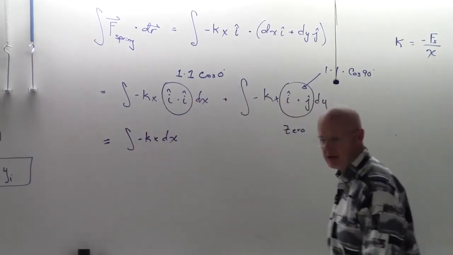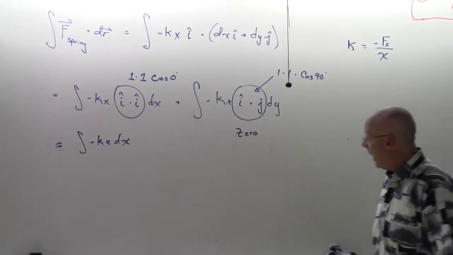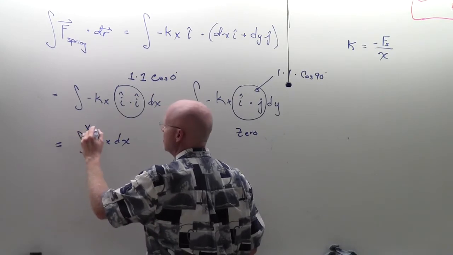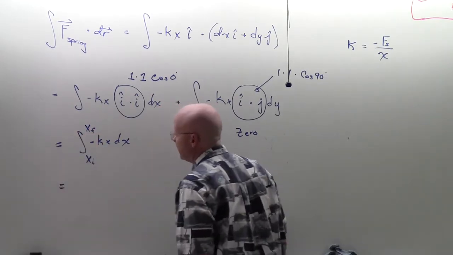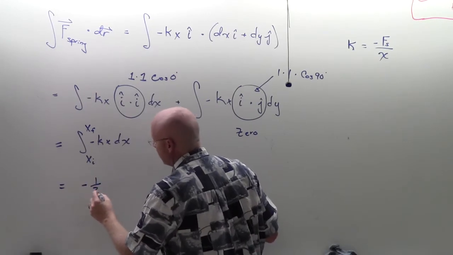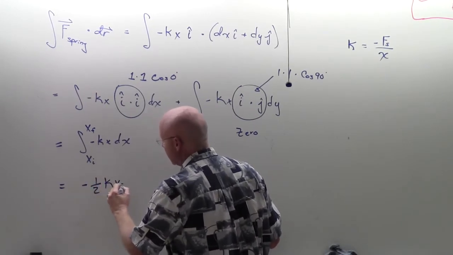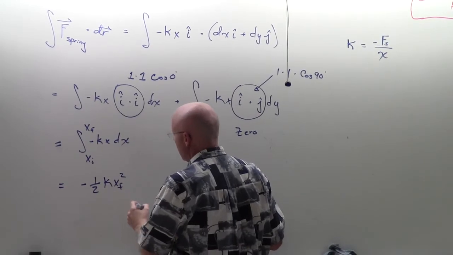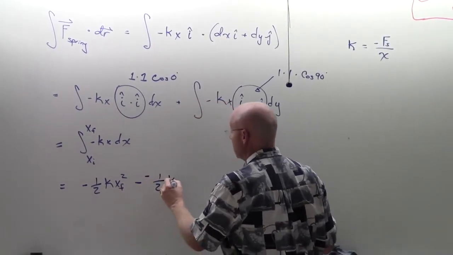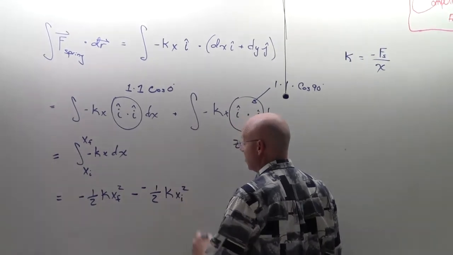Unfortunately, that's a very easy integral to do. If I start with the spring at some initial spot and stretch it to some final spot, I get a negative 1/2 k x final squared minus a negative, which maybe I should just call plus, a 1/2 k x initial squared.